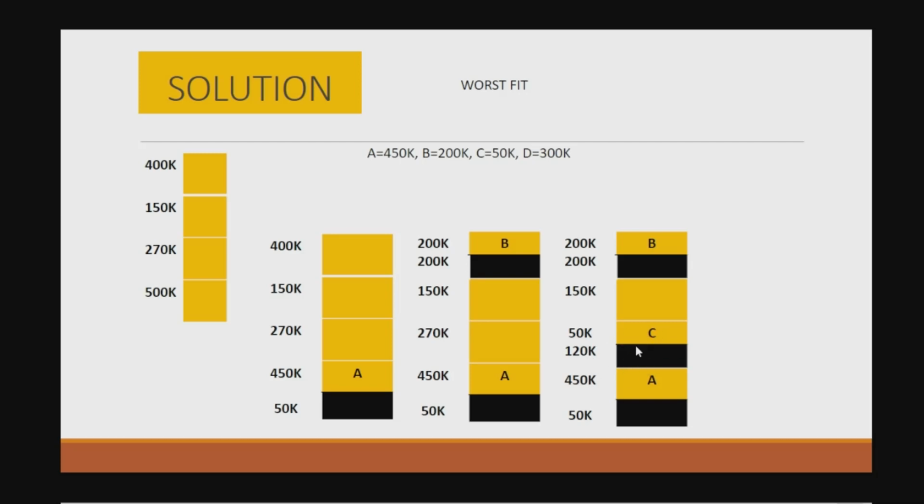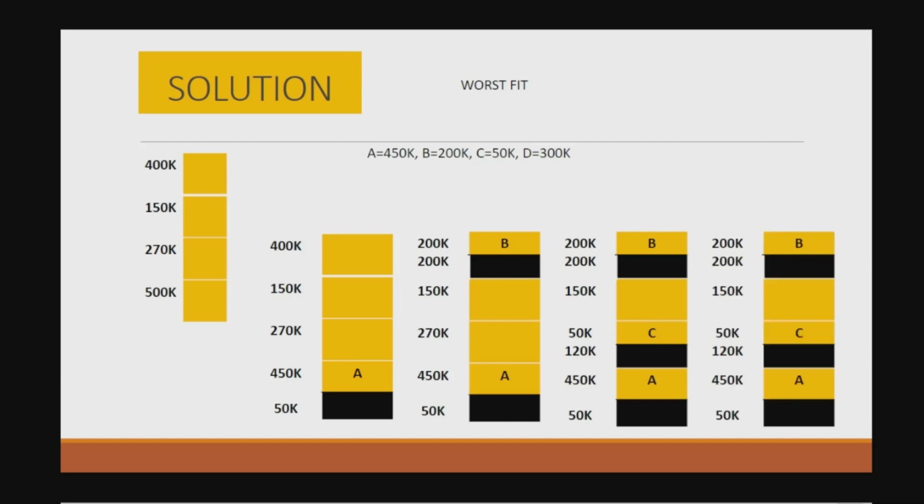So it will choose this one. The next process is process D. Process D, the block is already used by B, not enough. Already used by C, not enough. So process D is incomplete using the worst fit algorithm.